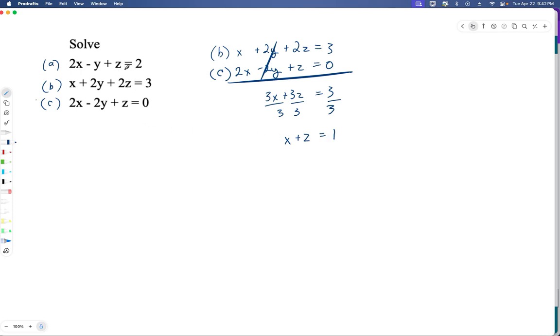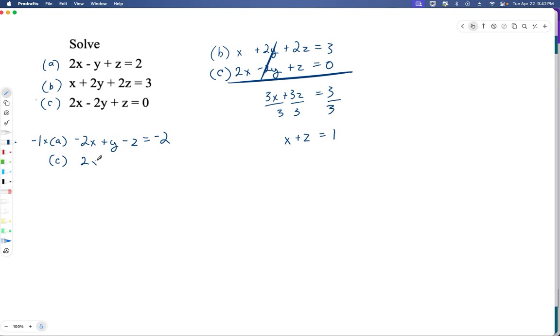So I am going to take A and multiply it by a negative 1. So negative 1 times A is going to give me a negative 2x, a positive y, a negative z, and a negative 2. And I'm going to combine that with C just the way it is.